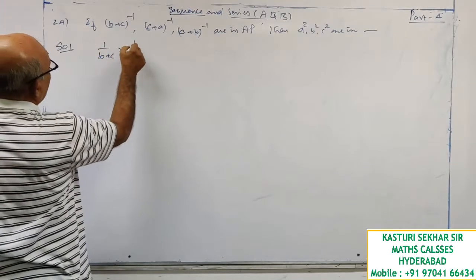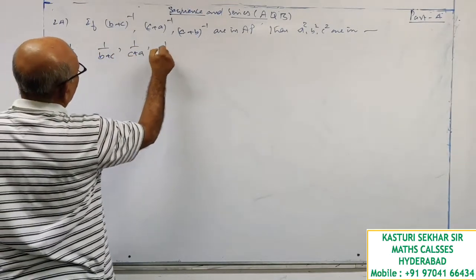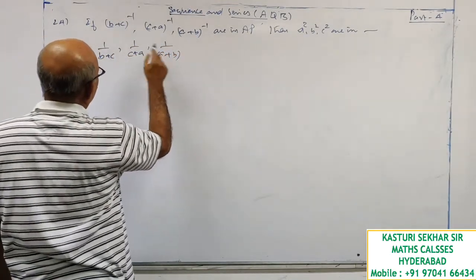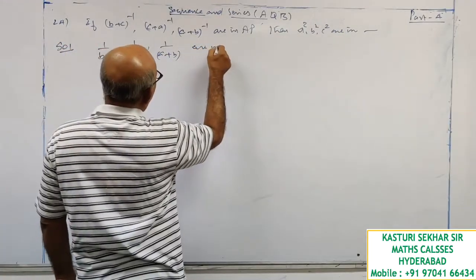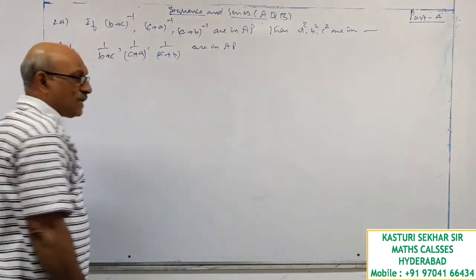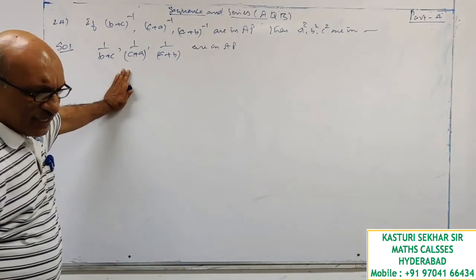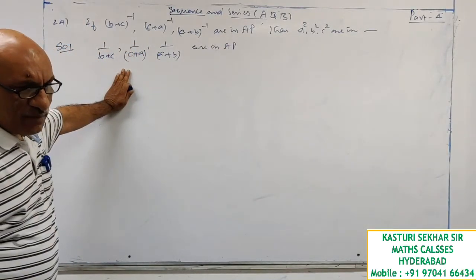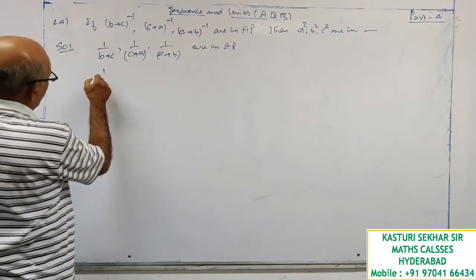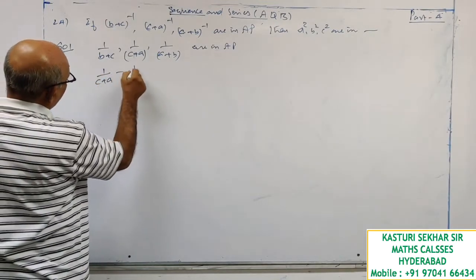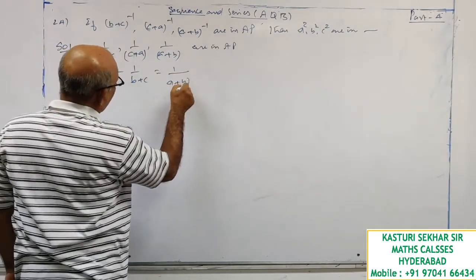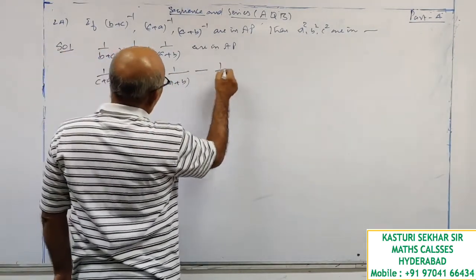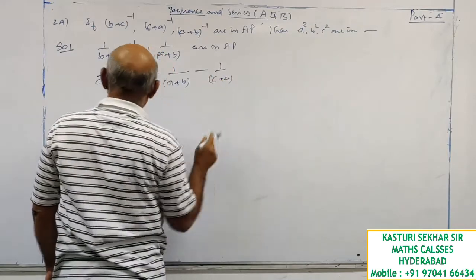1 by (b plus c), 1 by (c plus a), 1 by (a plus b) are in AP as given in the question. When three terms are in arithmetic progression, then their common difference is the same. 1 by (c plus a) minus 1 by (b plus c) is equal to 1 by (a plus b) minus 1 by (c plus a).